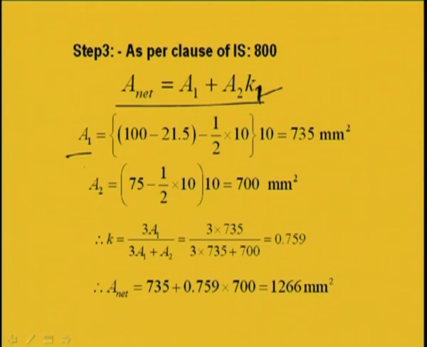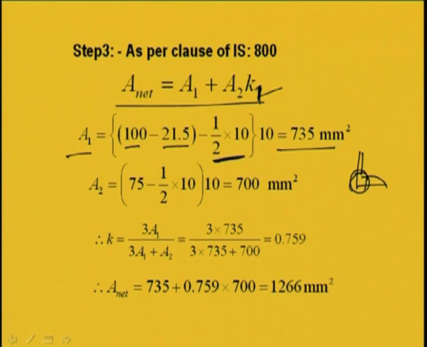A1 is the area of the connected leg, and we are assuming that one rivet is going to be used. So 100 minus 21.5 minus half into T for the corner. So A1 we get 735 millimeter square.